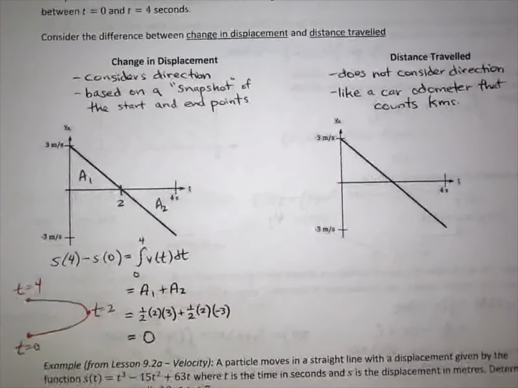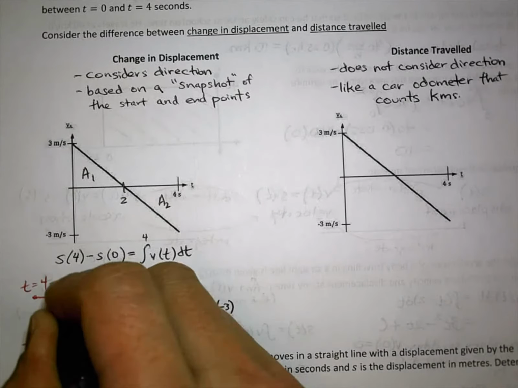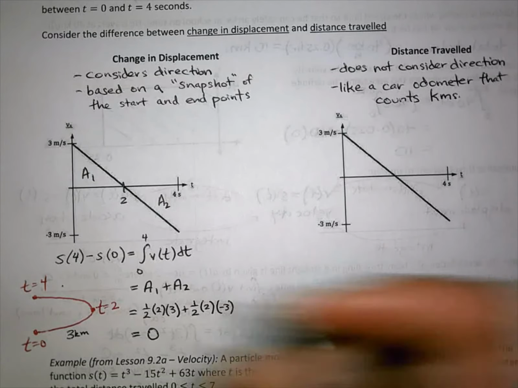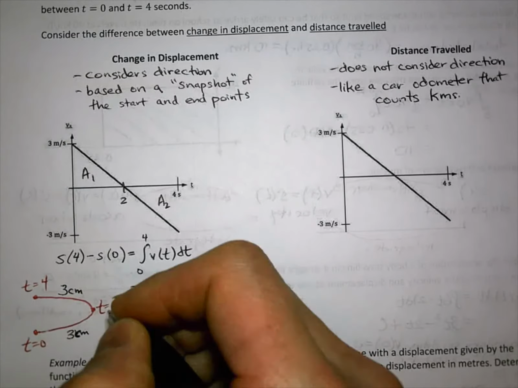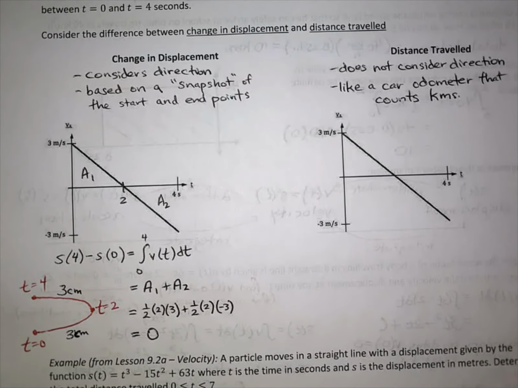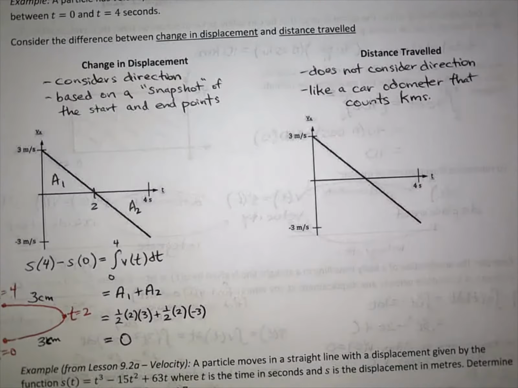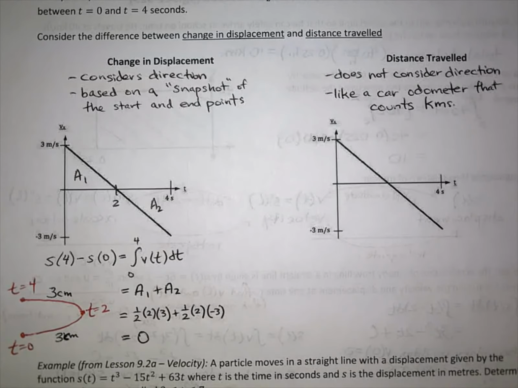So I think we should note here how far we said he went: 3 kilometers one way, and then, was it kilometers we were dealing with? 3 meters, 3 centimeters, whatever it is. 3 centimeters that way, 3 centimeters this way. Okay, so when we're talking about distance traveled, this is a concept we should be comfortable with. This is actually the amount of distance you walked.